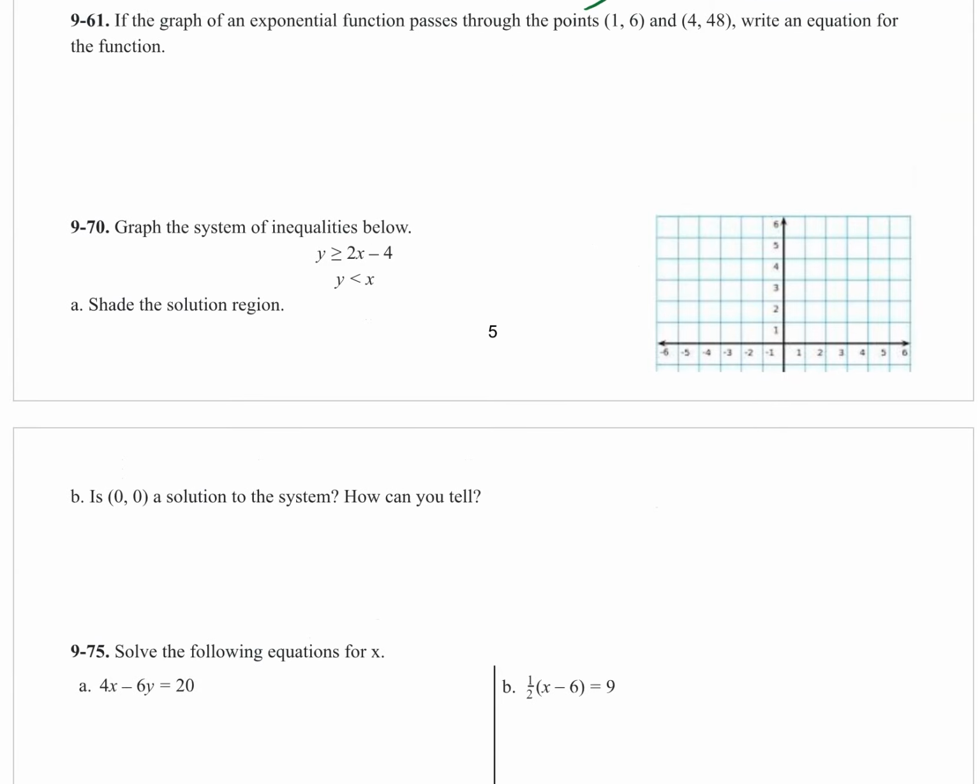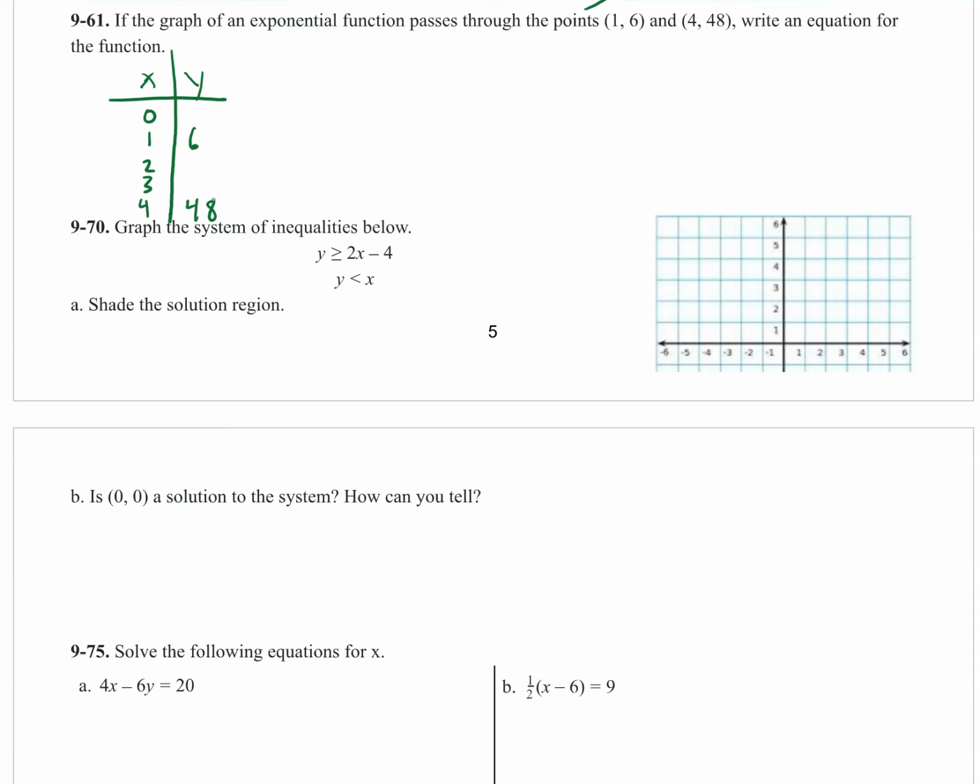9-61. If the graph of an exponential function passes through the points, write the equation of the function. All right, let's make a table. Make sure you include a 0 for x in your table. So 0 through 4. We know that 1 is having an output of 6 and 4, 48.